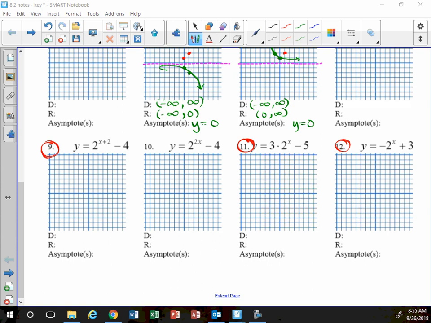Okay, so let's look. It stayed in the exact same spot for all the stuff. That's where it went. You see up 1, so this was down 4.